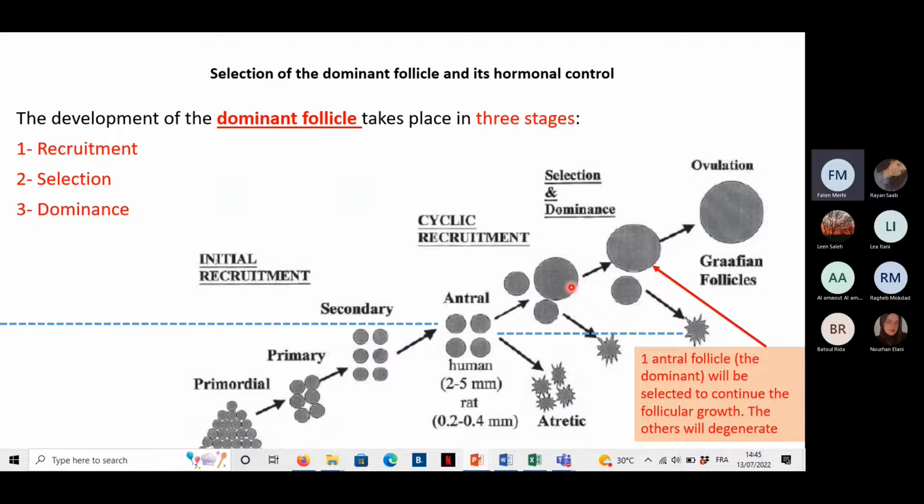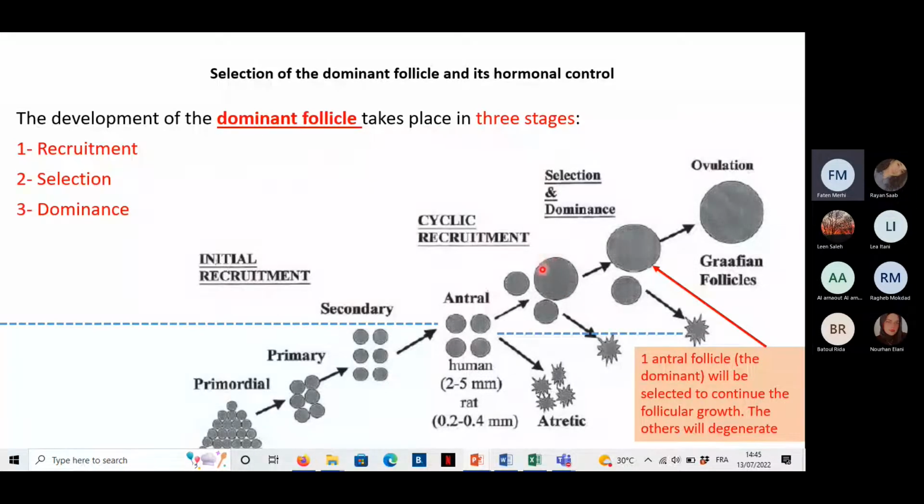Now, the reasons why this one will be more important in size are not very well understood, but the hypothesis is that this follicle, which is bigger than the others, has more FSH receptors on its granulosa cells and can respond better to the action of FSH and increase faster in size.